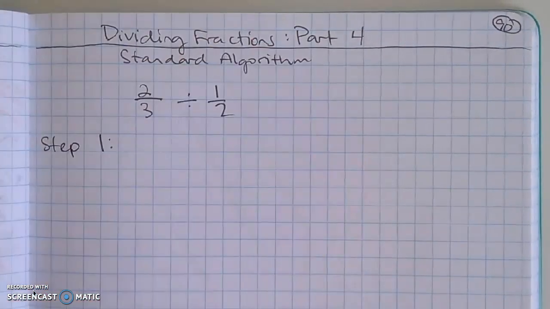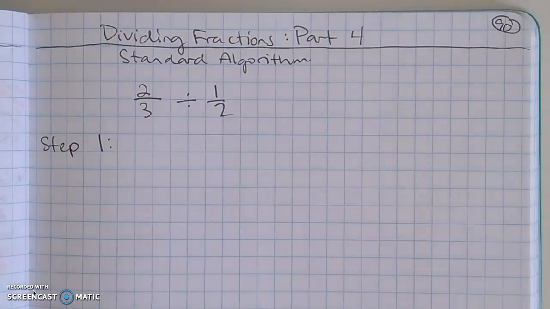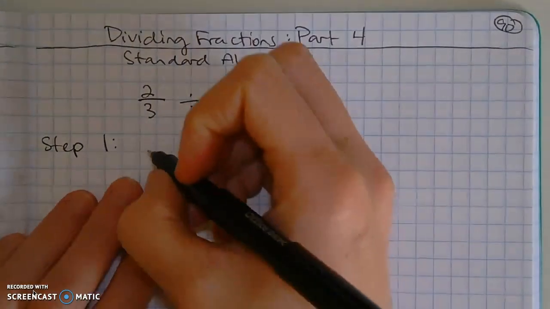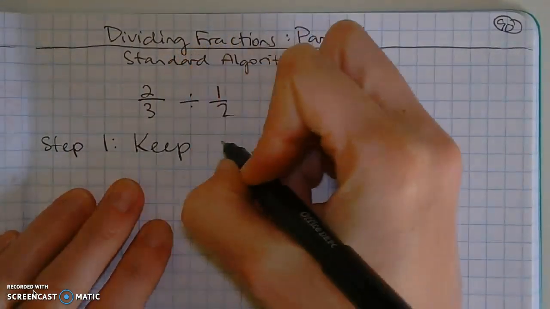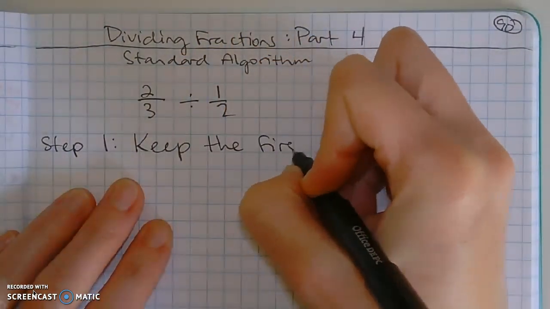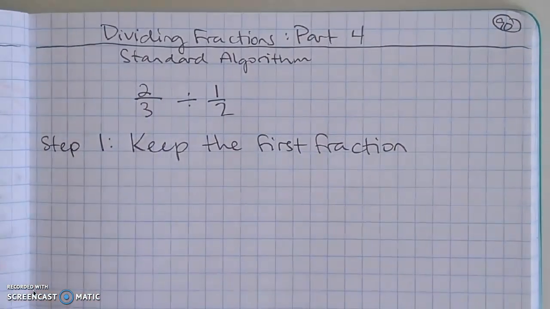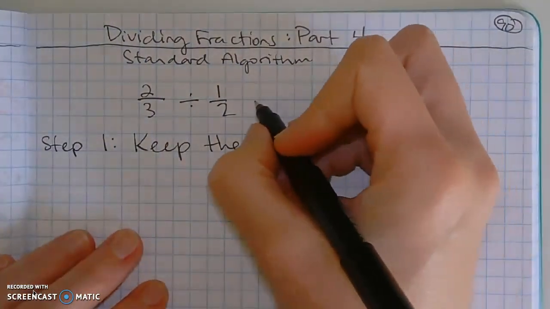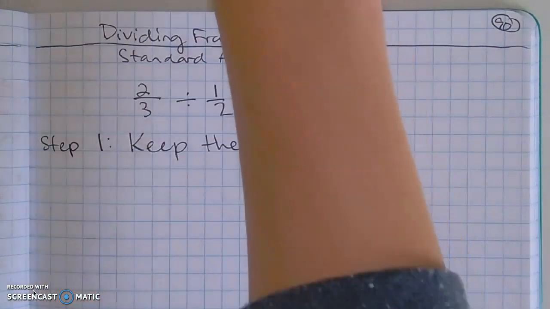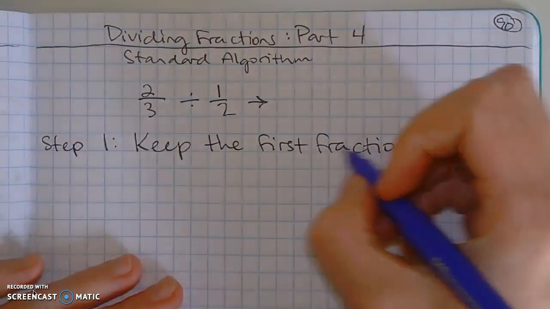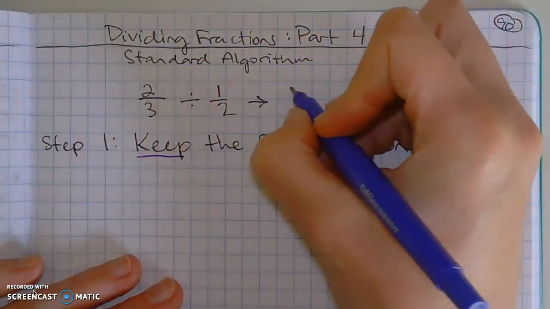Step 1, you are going to keep the first fraction. Okay, so I'm going to keep that first fraction. So this is what's going to happen. I'm going to keep 2/3.